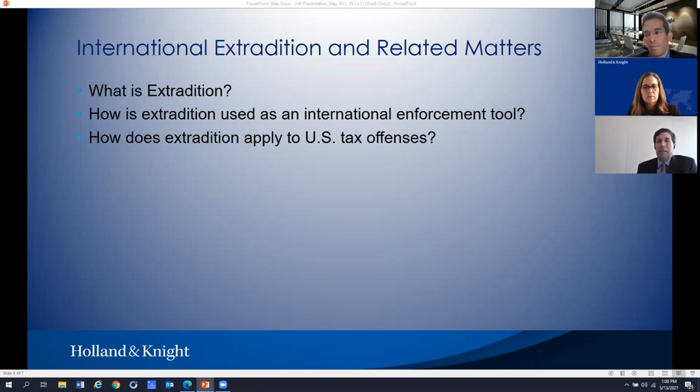And so it's an issue that hinges in large part on what's the relationship between the US government and the target government. Or if you're not a US taxpayer, but you're living in the US and you're facing extradition to your home country where you may have tax issues or other issues.